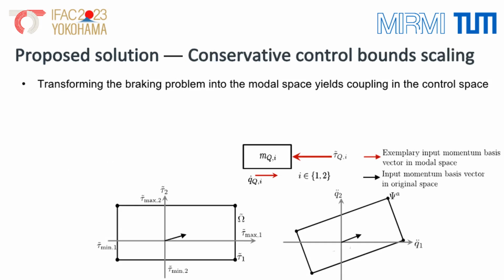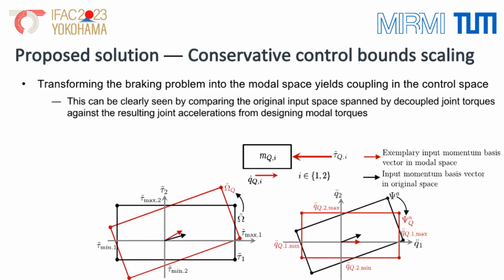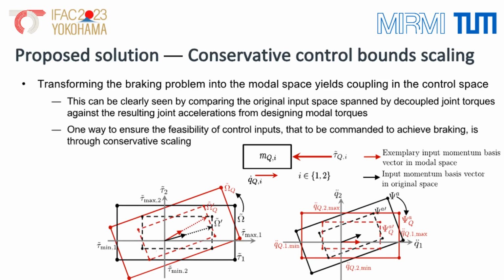Decoupling the robot dynamics results in coupled control inputs in the modal space, whose limits are to be determined for ensuring feasible solutions in the original physical space. This constraint becomes more obvious by considering the original and transformed input spaces. A simple approach to resolve this issue is scaling the transformed input space until it touches one of the boundaries of the original space.